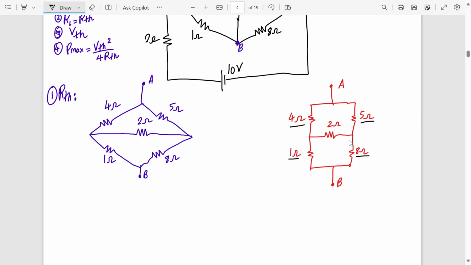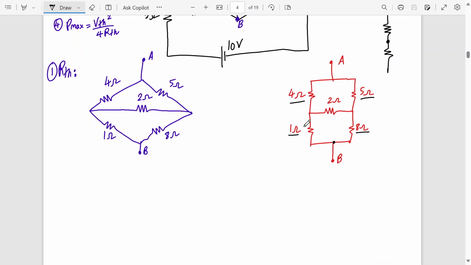When are two resistances in series? When one terminal is tied together. Now over here one terminal is tied together like this at B, directly at B. So they are in series or no? Come on, tell me fast.